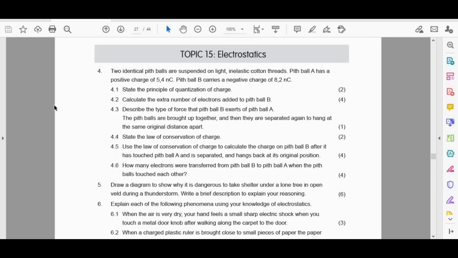Alright, question 4 is a nice question. Question 4: two identical pith balls are suspended on light inelastic cotton threads.